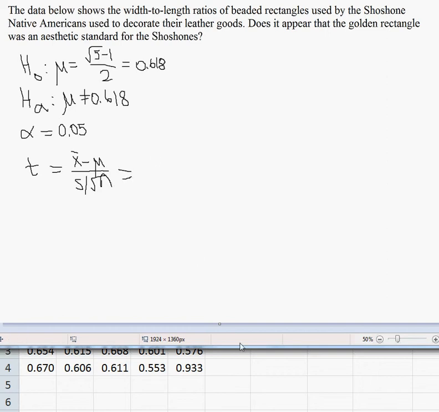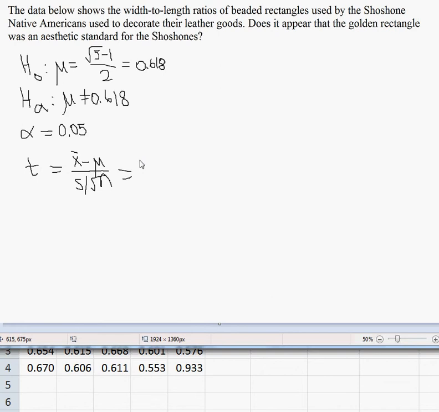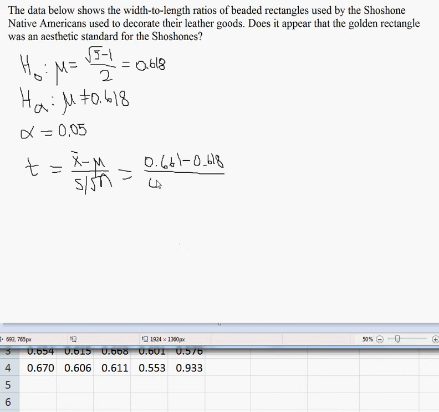So x bar we worked out to be 0.661, minus 0.618, divided by the value of s, which was 0.0925, divided by the square root of 20.